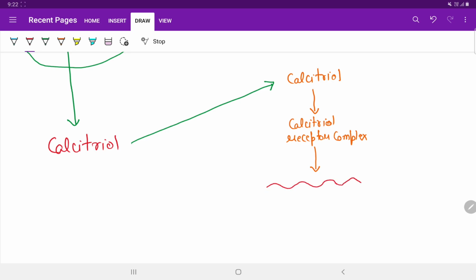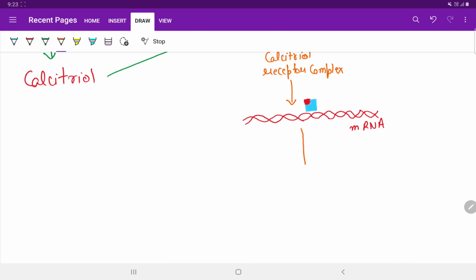So why is this process of transcription initiated? Because it leads to formation of certain specific proteins that may lead to further translation of the calcium binding proteins. So at this point we can say that the receptor complex of the calcitriol binds, here you can see, with the messenger RNA, and it leads to the translation or formation of the calcium binding protein.